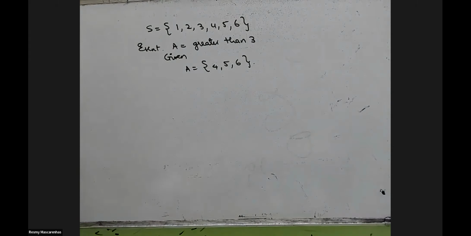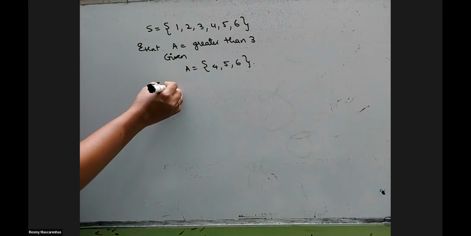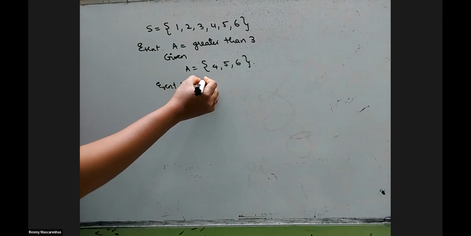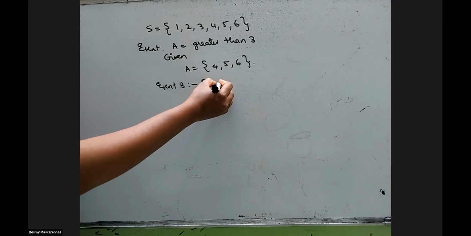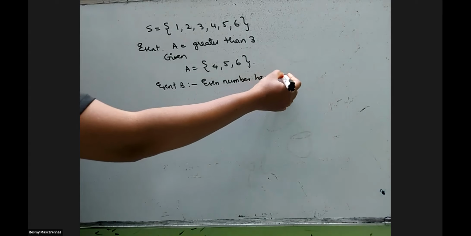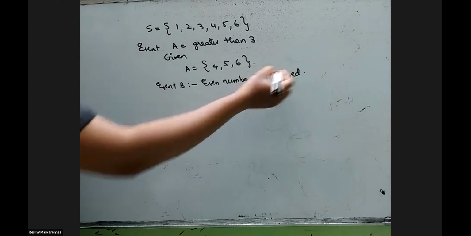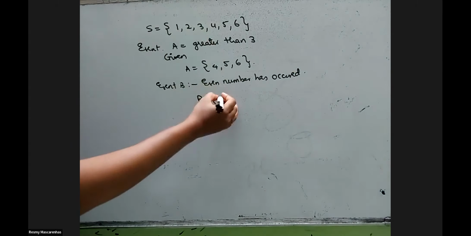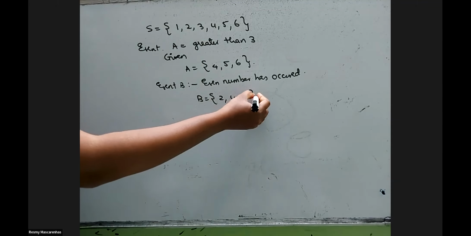What is the probability that an even number has occurred? So what are these even numbers? 2, 4, and 6.